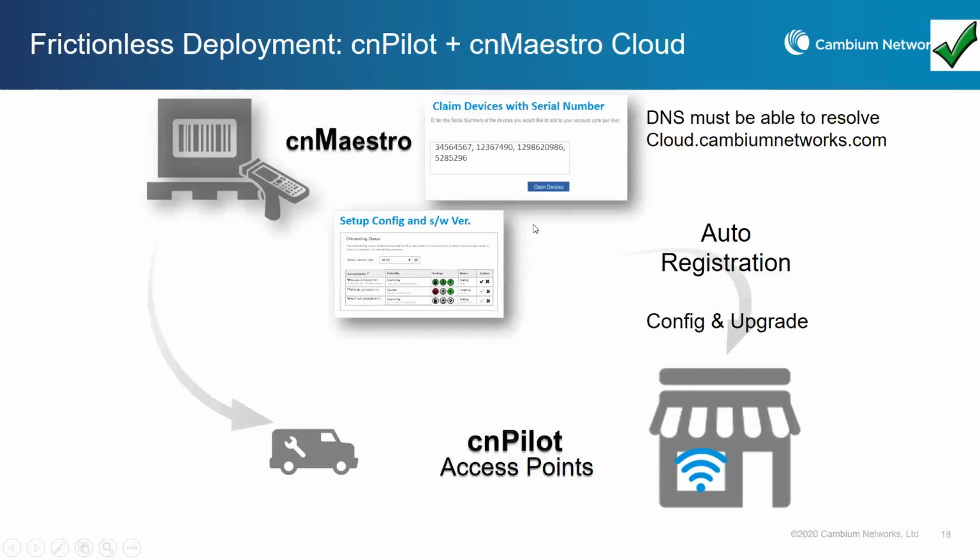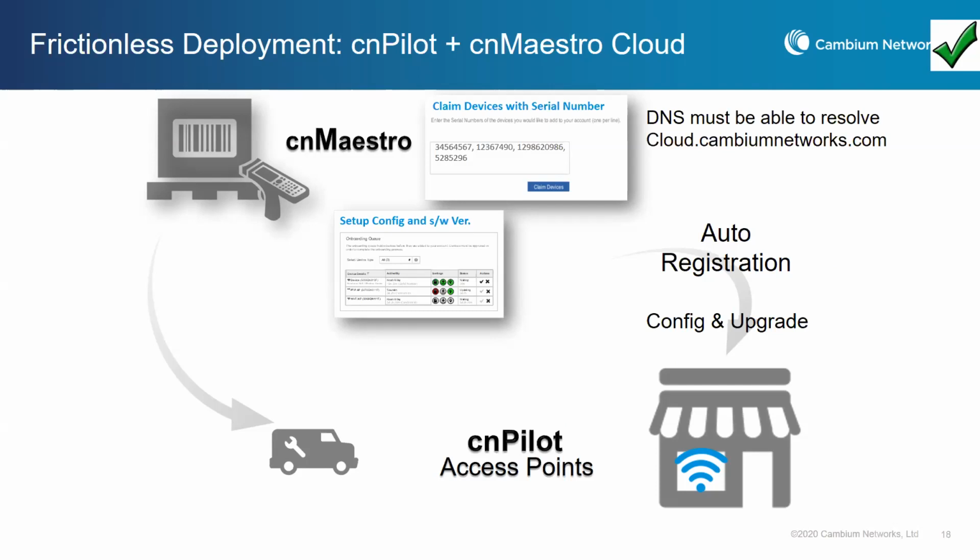For deployment, when it comes to frictionless deployment, when claiming a device in the CN Maestro, when you're onboarding, you'll either need to manually enter the serial number, import a CSV file with numerous serial numbers, or use a barcode scanner to automate the process.